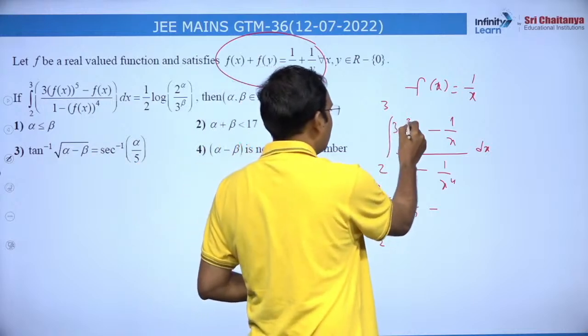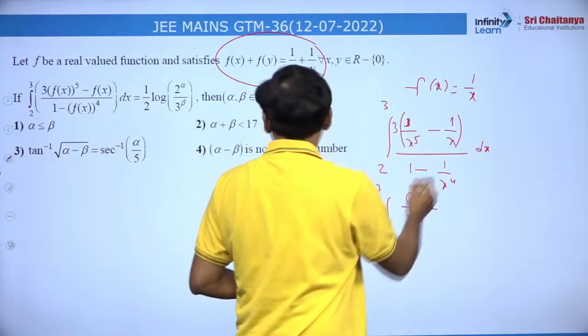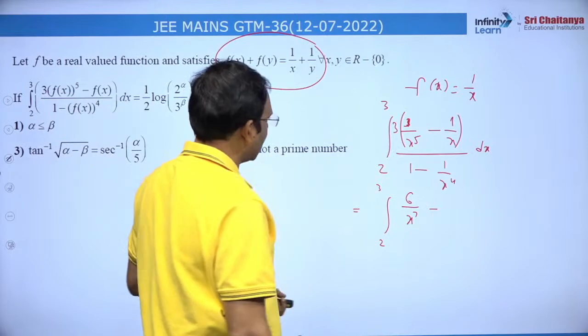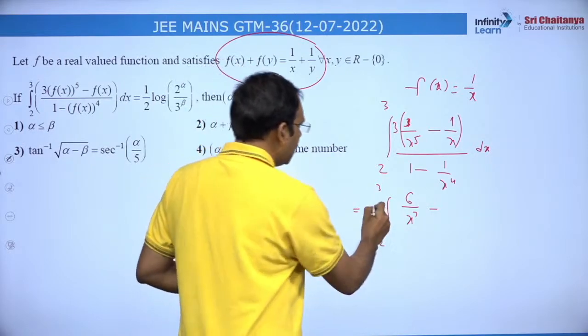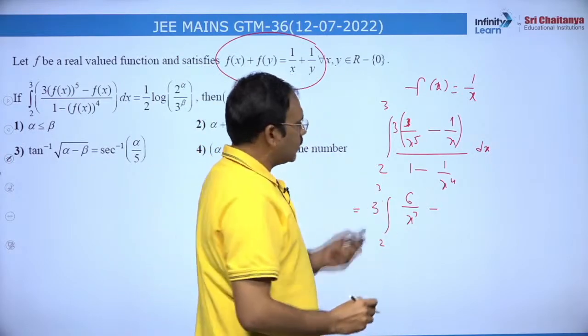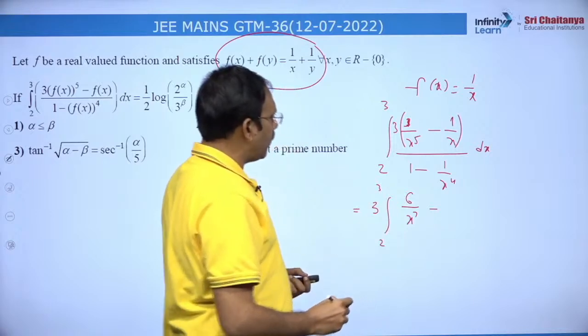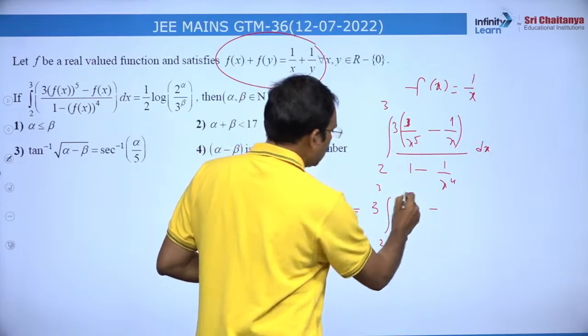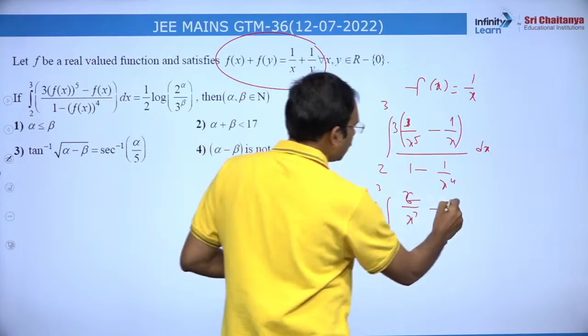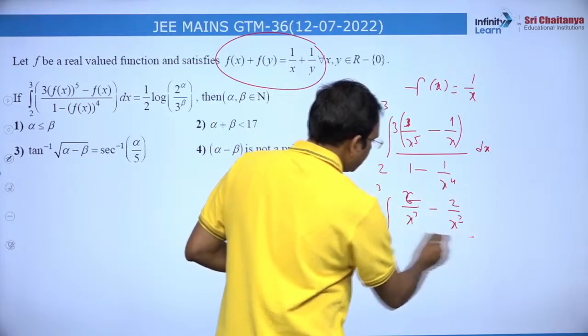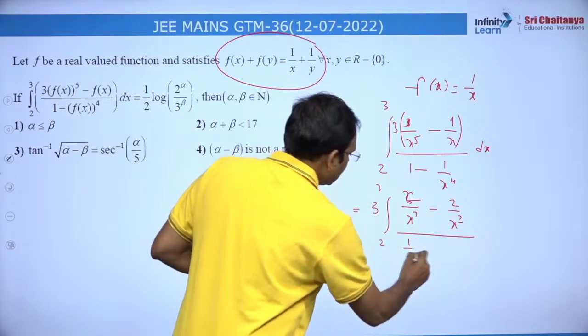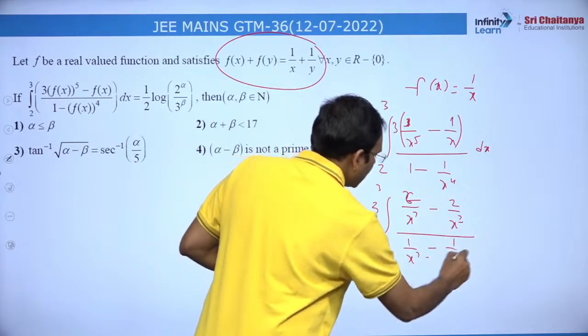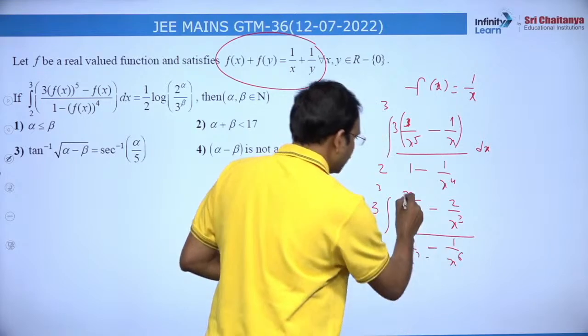So 3 must be outside here, by 1 minus f of x whole power 4. You put 3 outside and multiply with 2 by x square, so that you will get 2 by x power 7 minus 2 by x cube, by 1 by x square minus 1 by x power 6.